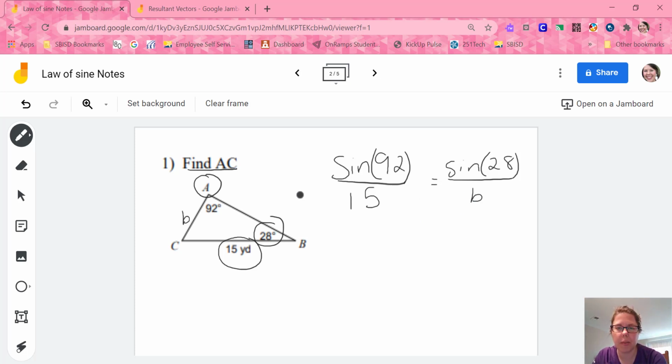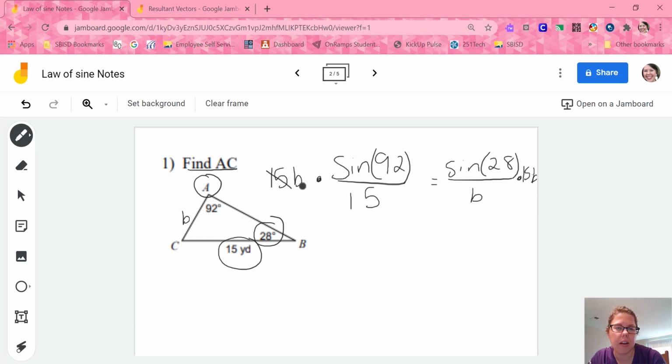When you're solving a proportion, you're really multiplying both sides by both bottoms. So 15b, because we don't like fractions, and this helps get rid of our fractions for us.